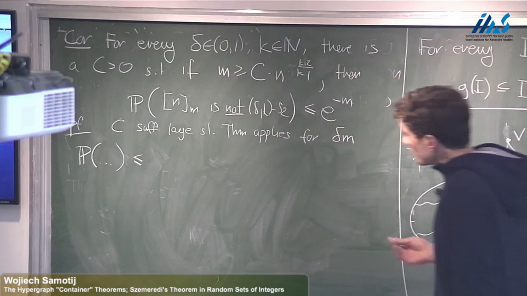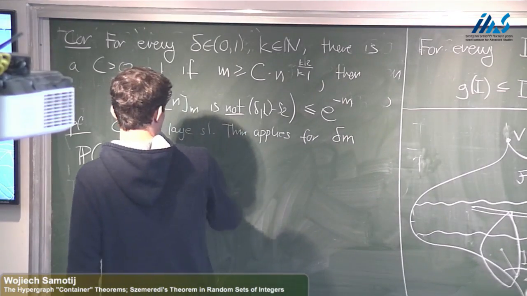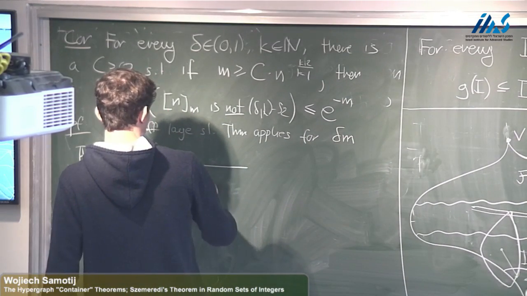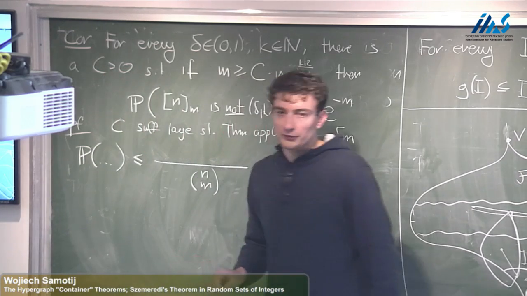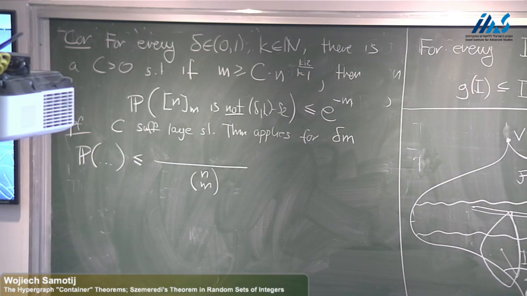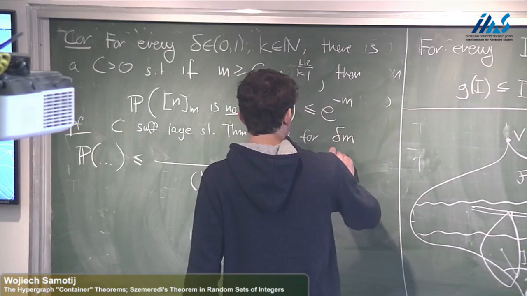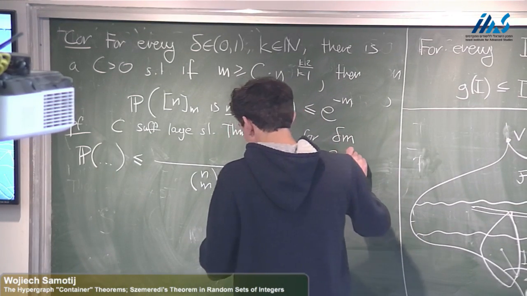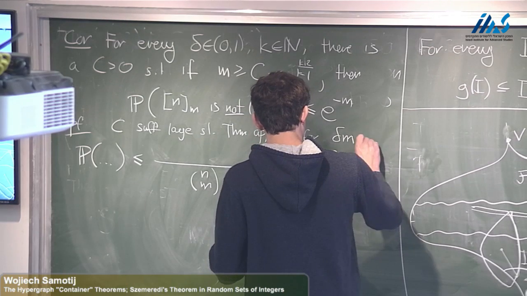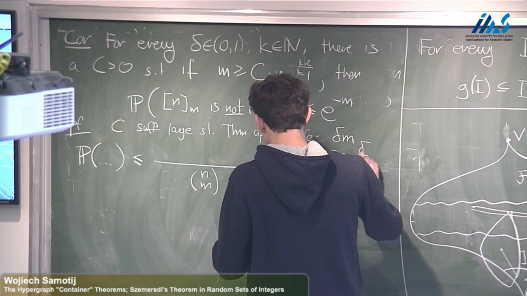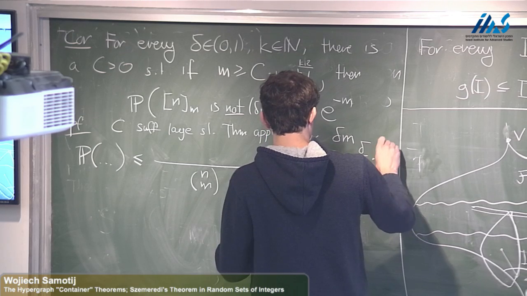Now, let's just count these sets. So out of all n choose m sets of size m, we need to count the ones which contain a large set with no k-term AP. So let's fix also beta to be delta over e squared times e to the minus 1 over delta.